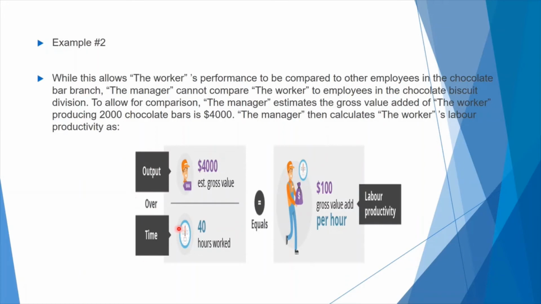Output over input equals 4,000 over 40 equals $100 gross value added per hour. The labor productivity of this worker is $100 gross value added per hour.